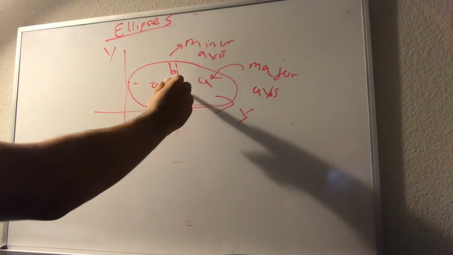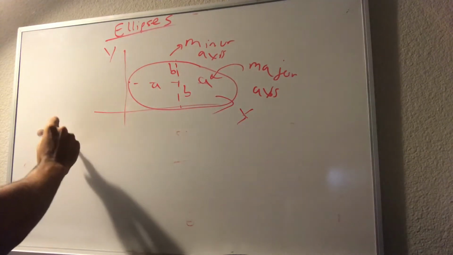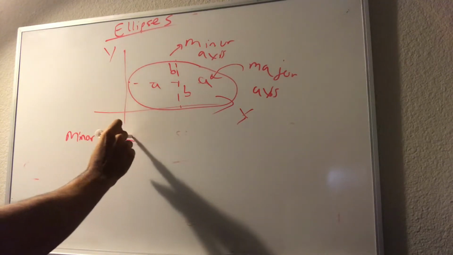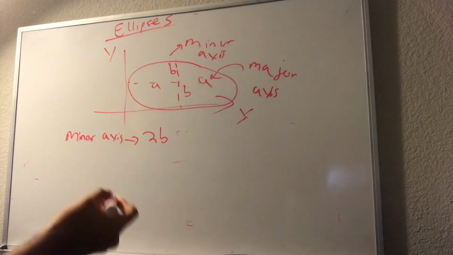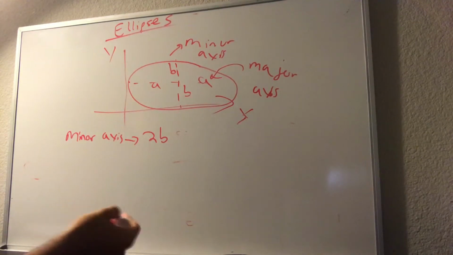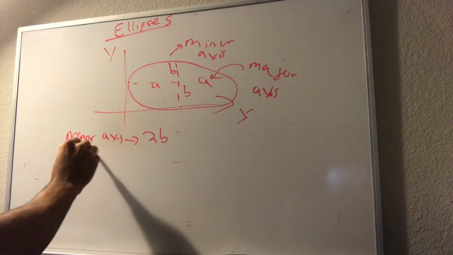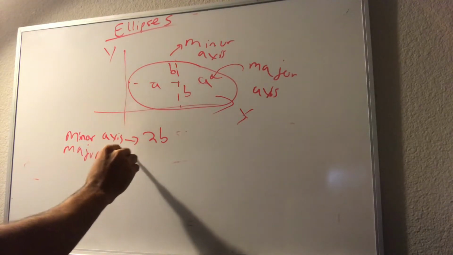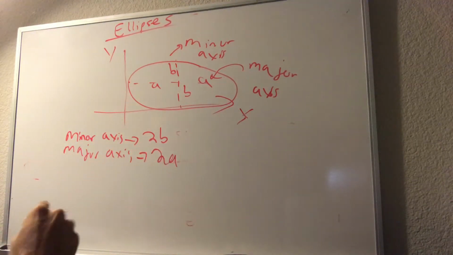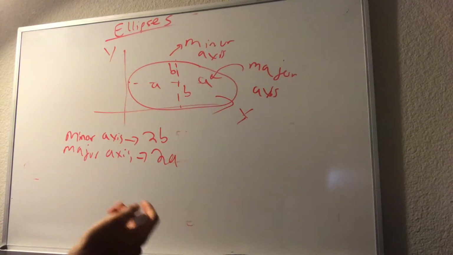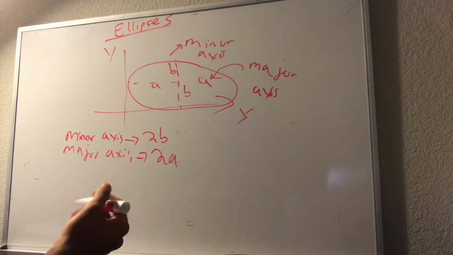The minor axis of an ellipse is always equal to 2b, b being the smaller value in comparison to a. Your major axis will be 2a. Those are the lengths of the major and minor axes of the ellipse.